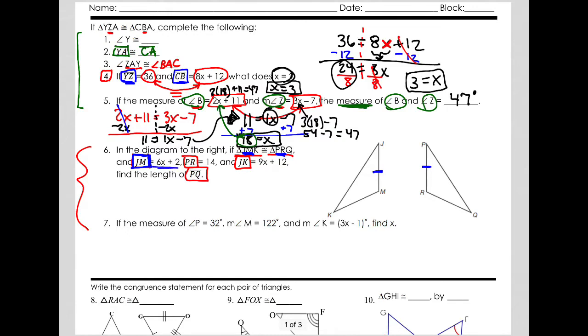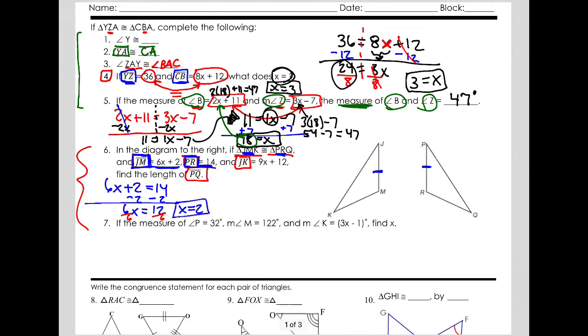So JM and PR, those are congruent. So I could set those equal to each other to make 6x plus 2 equals 14, and I could solve for x. So if we do that, subtract 2 from both sides, so 6x equals 12, and then divide by 6. We have that x is equal to 2.